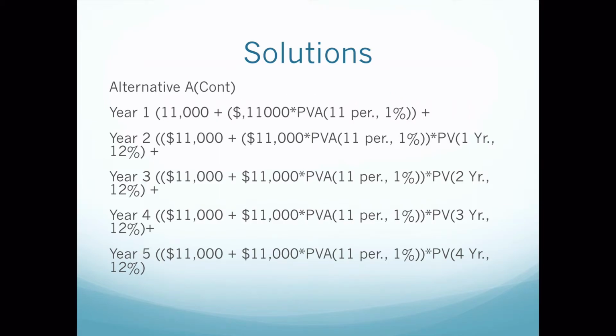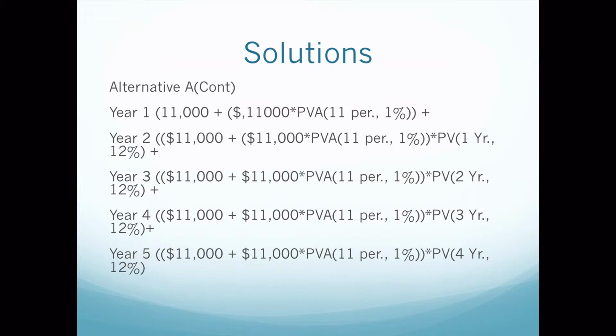First thing we need to do is just work through our formulas. For the first alternative, that's 11,000 plus 11,000 times PVA for 11 periods at 1%. When we do the math, we're going to multiply the 11,000 times PVA for 11 periods at 1%, and then add the 11,000.